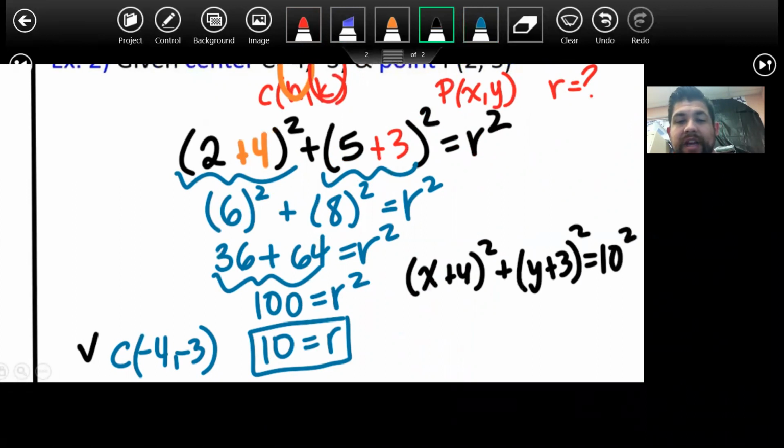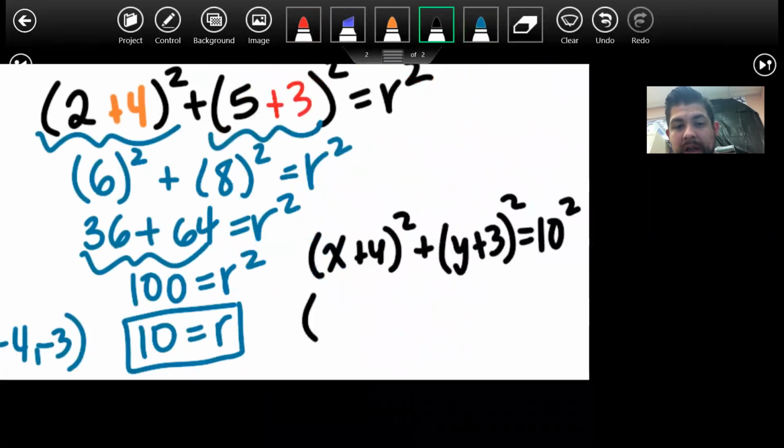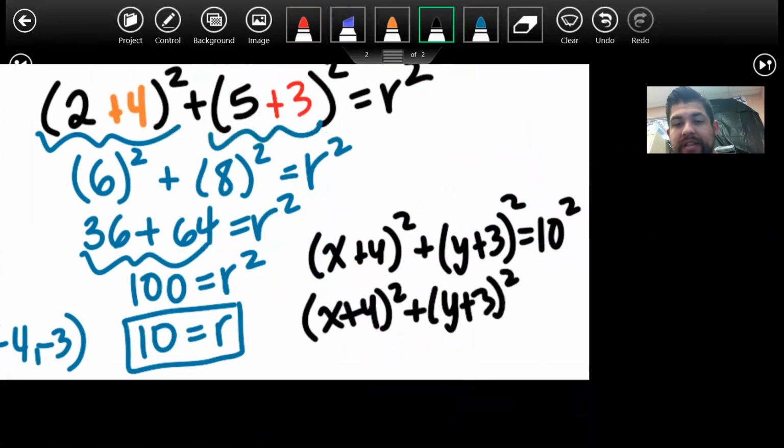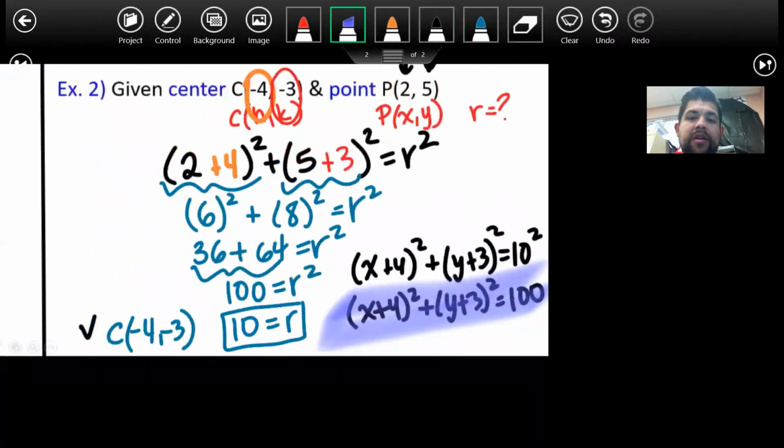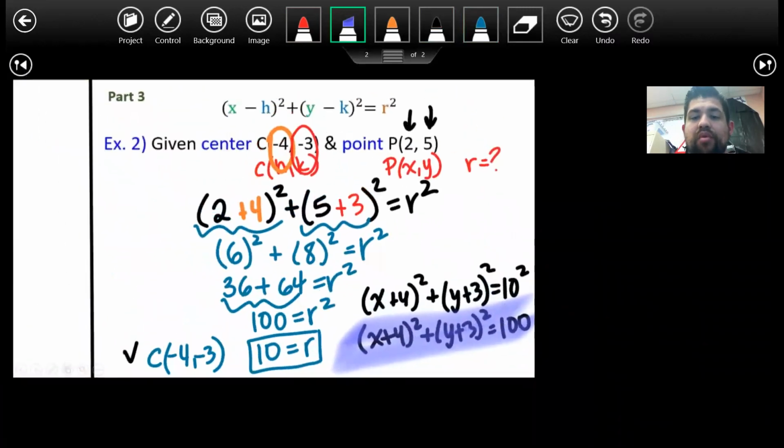And we're going to go ahead and finish that up by squaring our last part. And finish off, 10 squared is definitely 100. So this is our equation given a center and a point on the circle. So this is fairly easy for us to do. And we can always test that by plugging back in our points into the equation to see if we get 100. So it should always work out.